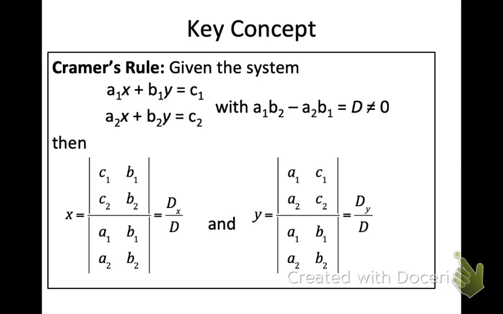Those are my coefficients in front of my variables. So whatever that number is divided by that number is your x. Then to find your y, you're going to find the determinant of A1, A2, C1, C2, and you divide it again by the determinant of your coefficient matrix.